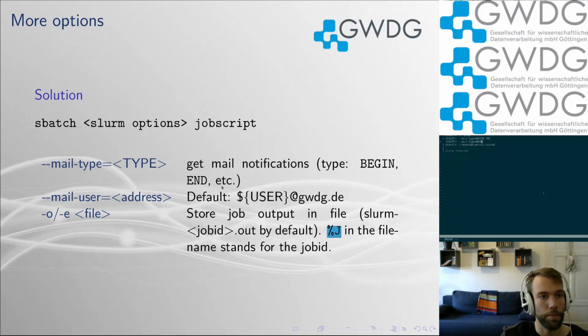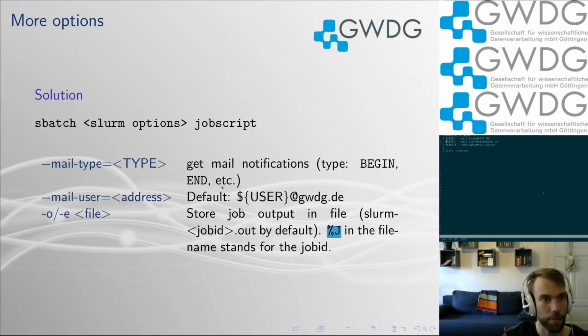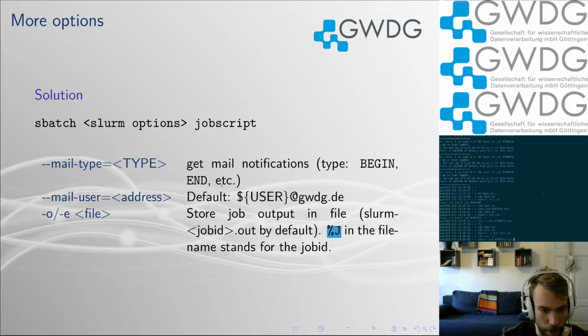And I could have mail-user equals, I don't actually need that because I have mboden at gwdg.de, but you can add an email like that. And what I'm also going to do, just to show you, is sbatch --partition fat. Oh, but that won't work. Wait. That will work soon. I'm going to remove the reservation. Now, sbatch --partition fat and test.sh.